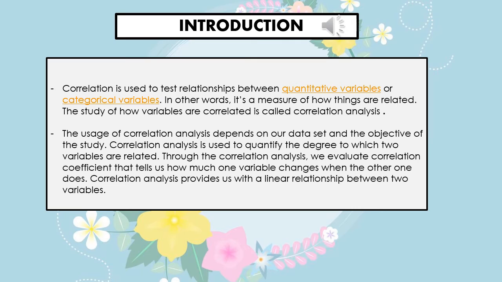Correlation analysis is used to quantify the degree to which two variables are related. Through correlation analysis, we evaluate the correlation coefficient that tells us how much one variable changes when the other one does. Correlation analysis also provides us with a linear relationship between two variables.